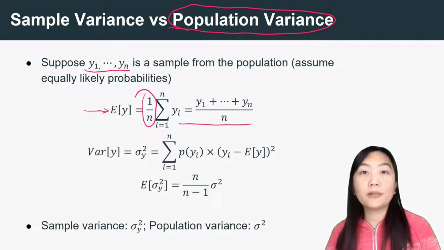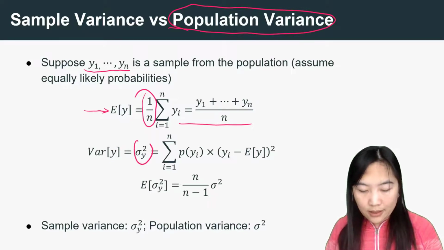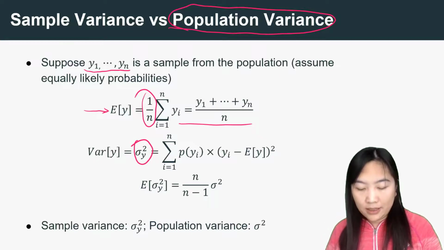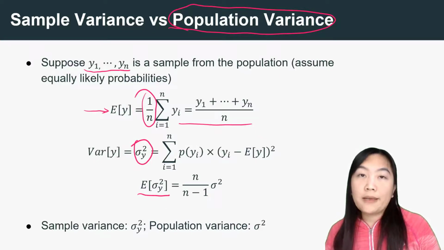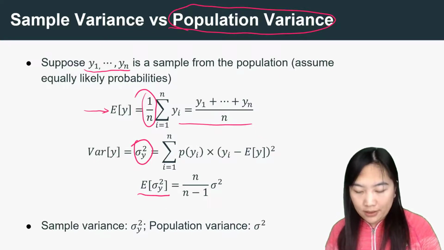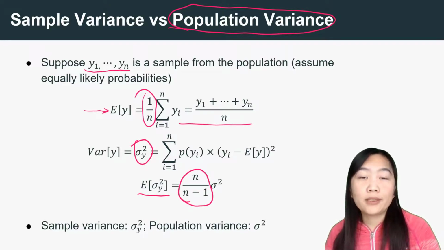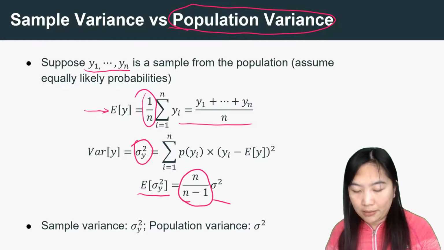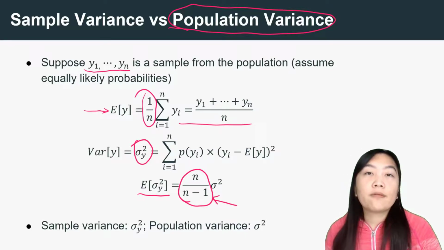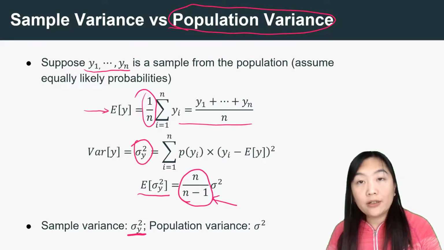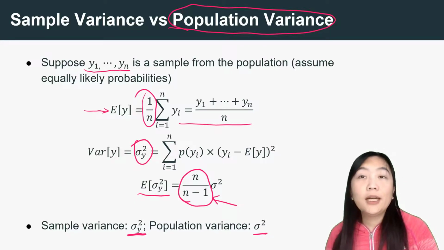We took a sample, and this is the sample variance. So the expectation of this sample variance is not equal to the population variance. It is biased, and it's biased by this fraction here. So again, this is your sample variance. This is your population variance.